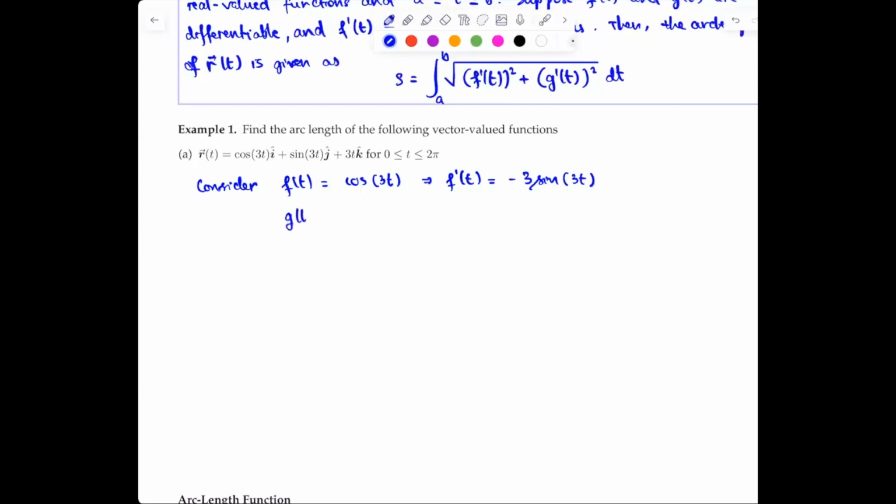Now g of t is equal to sine of 3t, so g prime of t is equal to 3 times cosine of 3t. h of t is equal to 3t, so h prime of t is equal to 3.